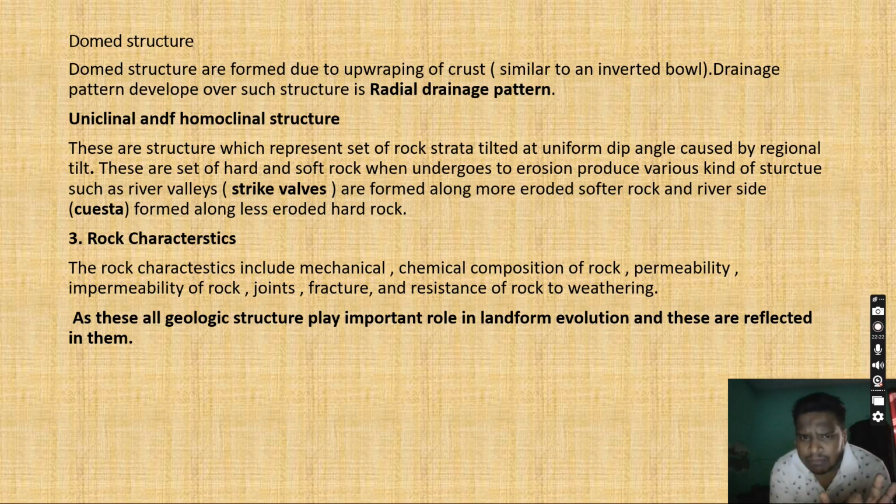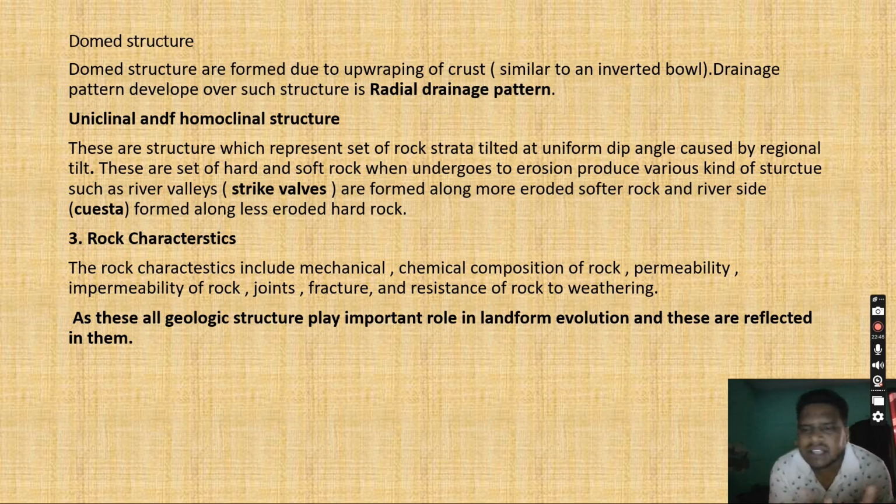It may include mechanical and chemical composition of rock, permeability and impermeability of the rock, joint, fault, fracture resistance, rock weathering, etc. And these, along with the geological structures, play a dominant controlling role in the evolution of landform, and they also show their presence.